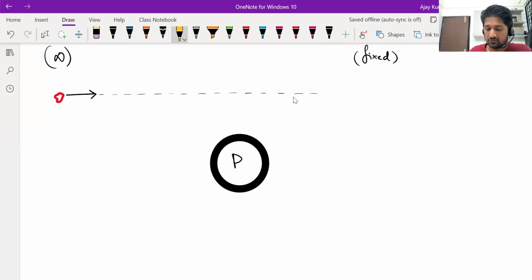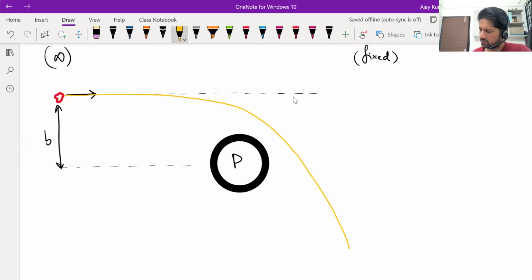If the gravitational force of the planet is too strong or if the impact parameter is very small, then the gravitational force of the planet could attract the asteroid and the asteroid can hit the planet. Suppose the impact parameter is large enough or the speed of the asteroid is large enough. It's possible that the asteroid just takes a turn like this, gets close to the planet, but goes away to infinity again. So you should be able to tell how close it gets to the planet.